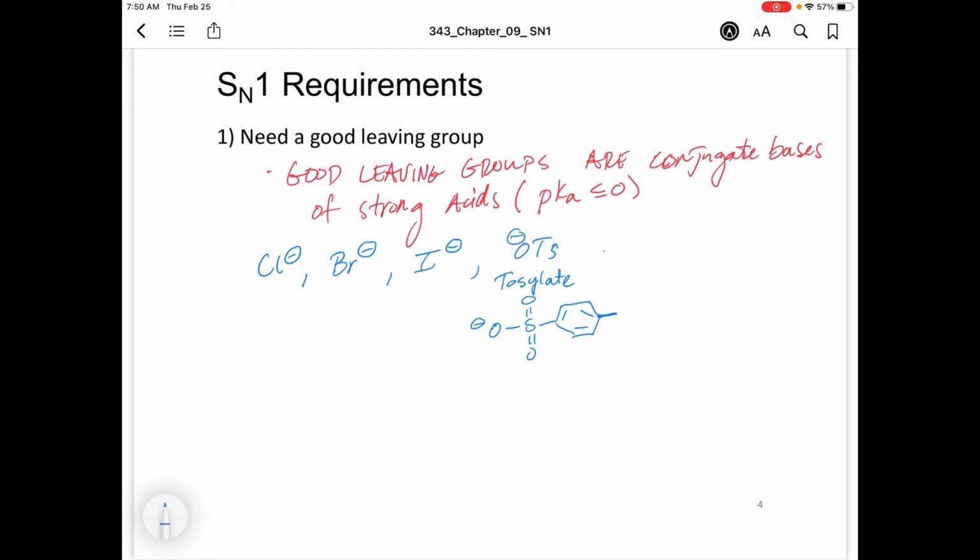And then we also have a mesylate group, OMs. So a mesylate group is also a great leaving group. And it looks like this. This Me for a methyl here. And you can also have a triflate, which we won't see as often.